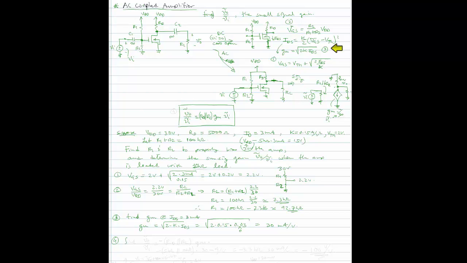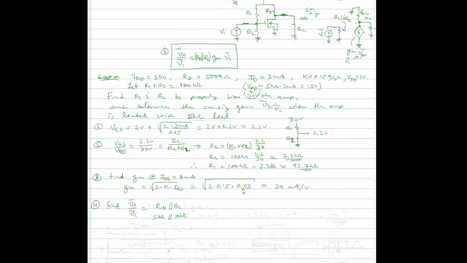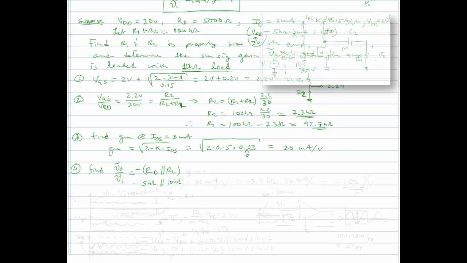Okay, so now, number 4, find the small signal gain VO over VI. And we found that right here with number 4 as being the parallel combination of RD with RL. So that is 5 kiloohms in parallel with 10 kiloohms, and it's a minus sign, RD in parallel with RL times GM.